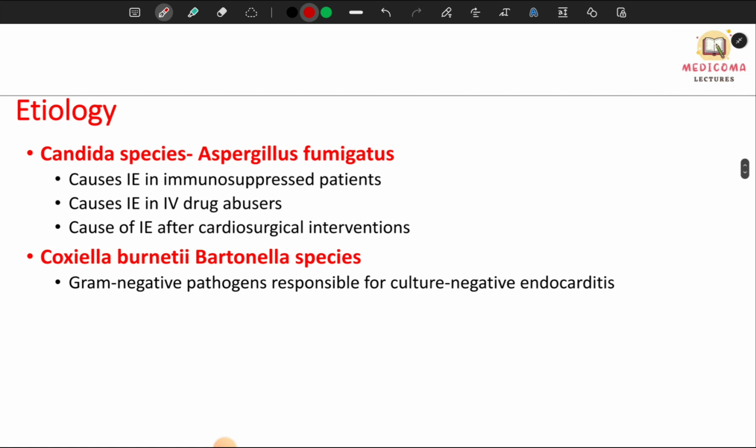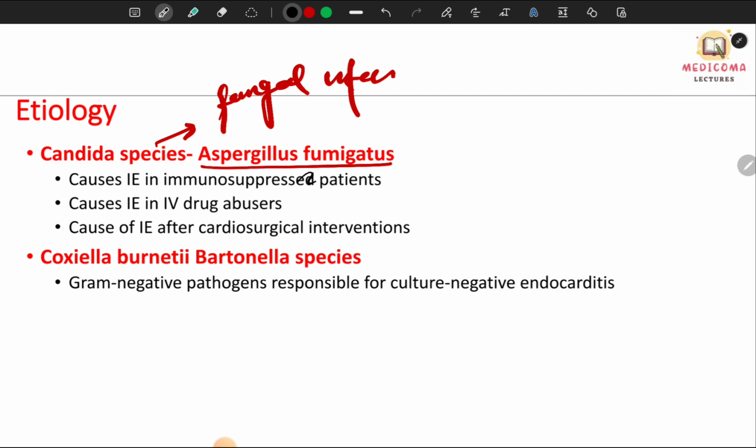Candida is a fungal infection. Then Aspergillus fumigatus causes infective endocarditis in immunocompromised patients. So what are those immunocompromised patients in which these fungi can cause infection?